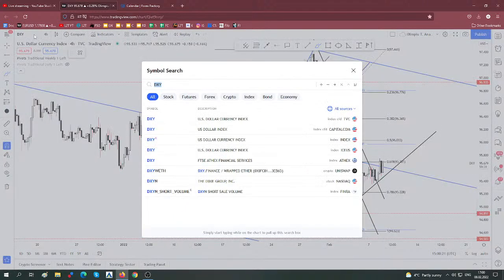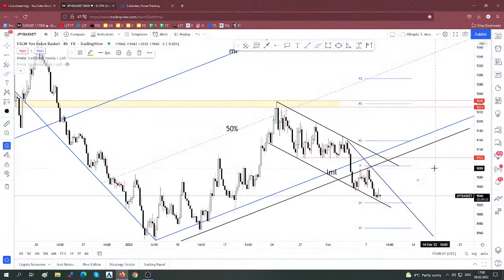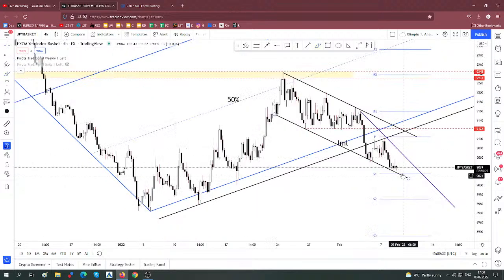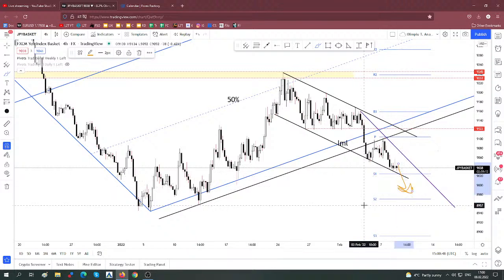But let's take a look on the yen basket. So on the yen basket, something like this, guys. I've talked today about this channel here. This index continues to stay near the channel's support downside line, right, Juan? And I've told you today that I don't know if this index will continue to drop, then the Japanese yen will continue to depreciate.